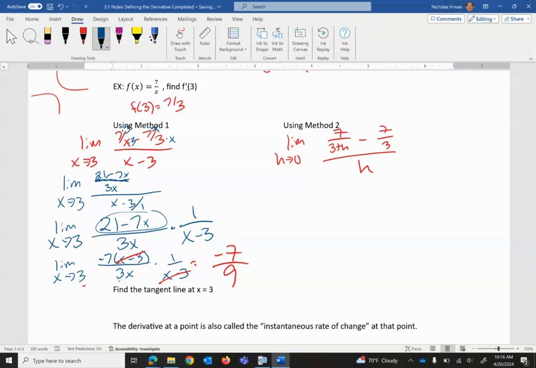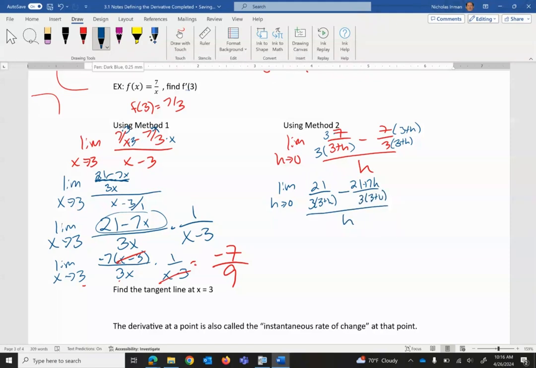But here I can't just add an h at the bottom. So the only method is to multiply this one by 3, multiply this one by 3 plus h. So we wind up with similar things. I hope that made sense. 21 over 3 times 3 plus h minus 21 plus 7h over 3 times 3 plus h.